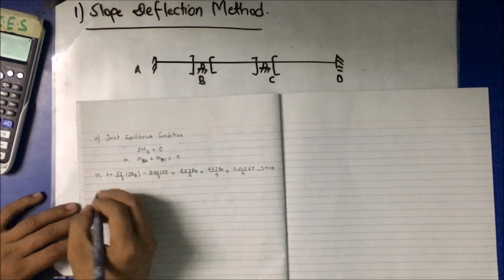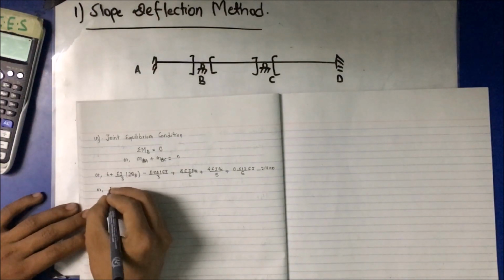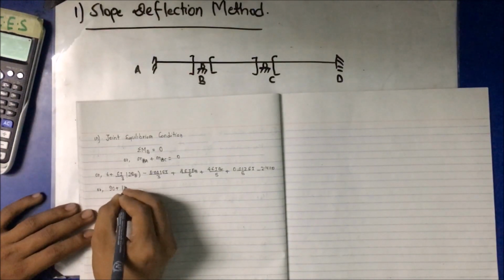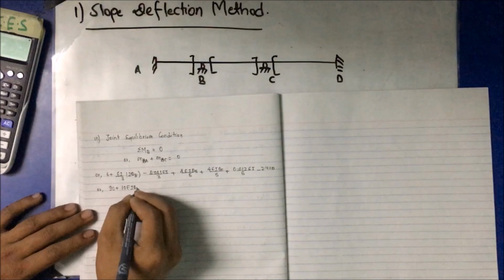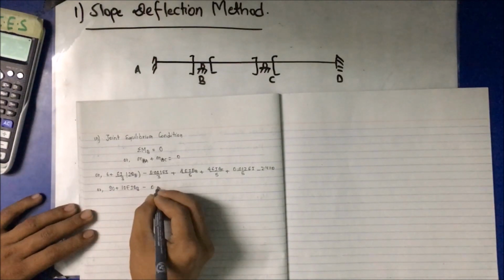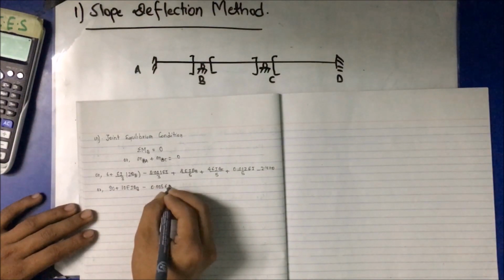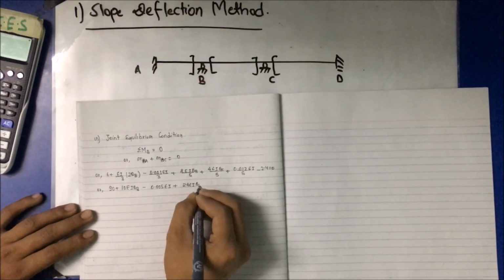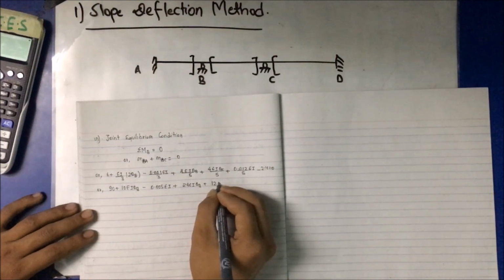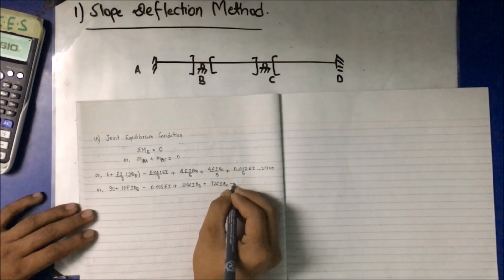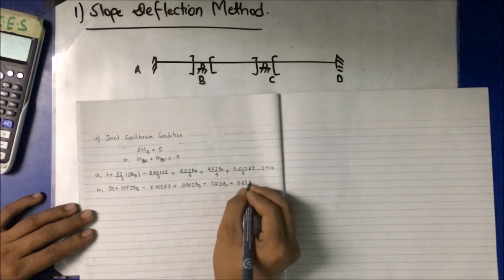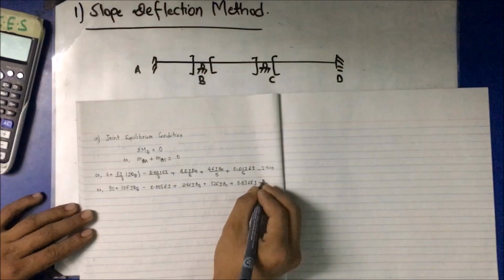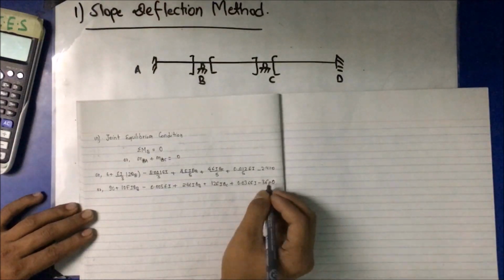On simplifying, 90 plus 10 EI theta B minus 0.005 EI plus 24 EI theta B plus 12 EI theta C plus 0.036 EI is equal to 0.